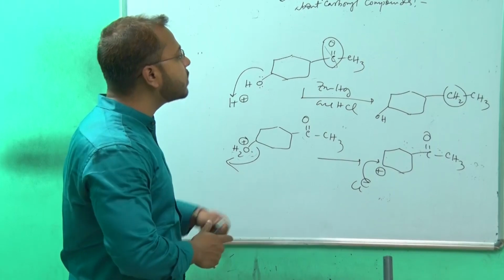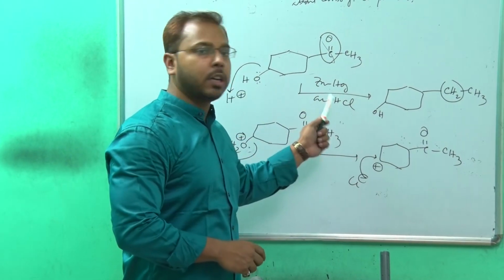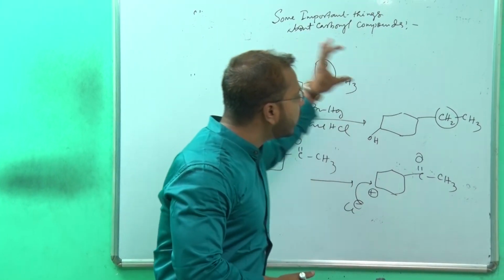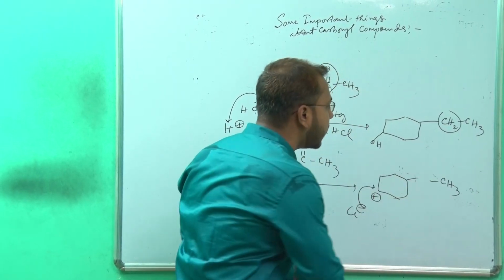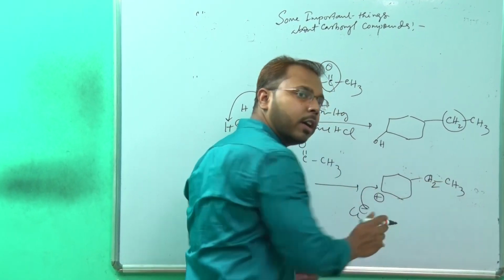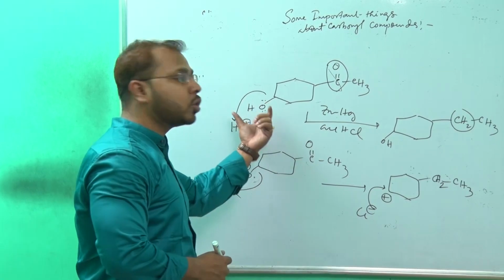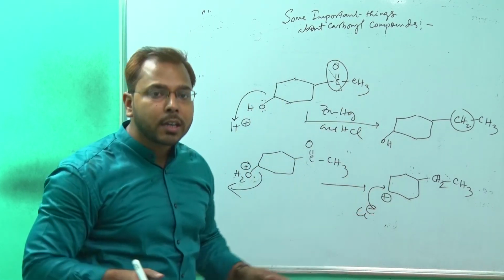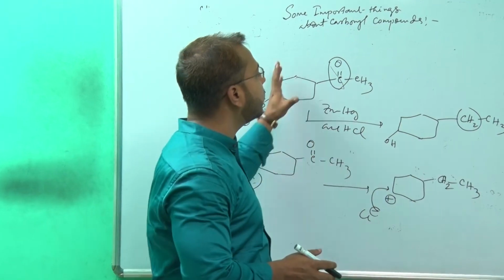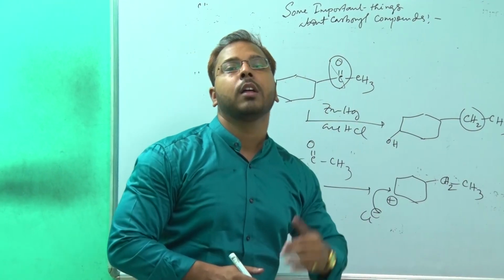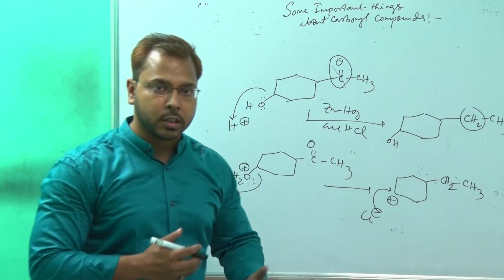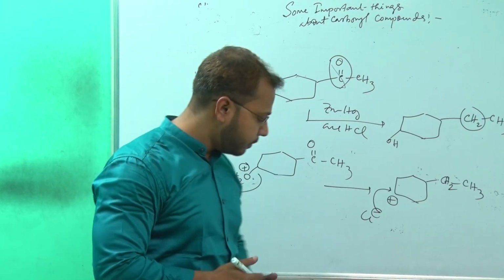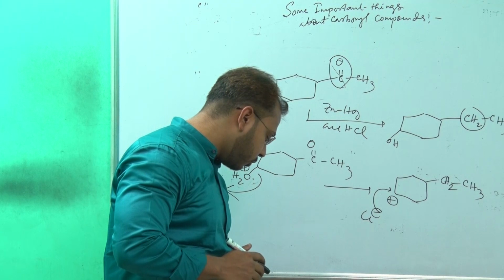So if we use Clemmensen reduction, then this C double bond O may get converted to a CH2 group, but the OH group also will be converted to Cl, and that is not the desired product. That's why for this conversion we need to use Wolff-Kishner, not Clemmensen. Okay, this is a very conceptual problem.